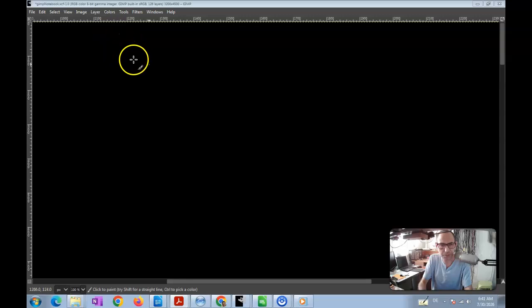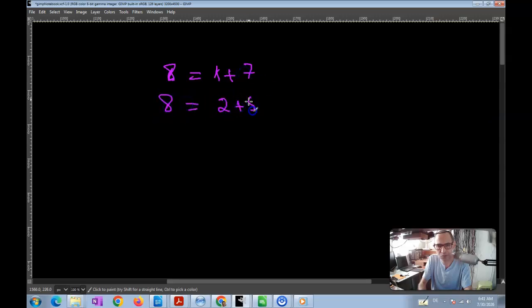Meaning that, for example, suppose that you have the number 8, right? The number 8, you can write it as, for example, 1 plus 7. Again, that same number 8, you can write it as 2 plus 6. The same number 8, you can write it as 3 plus 5. The same number 8, you can write it as 4 plus 4.